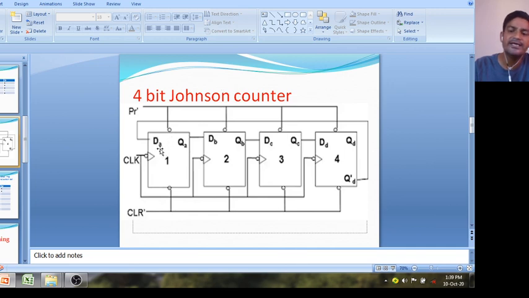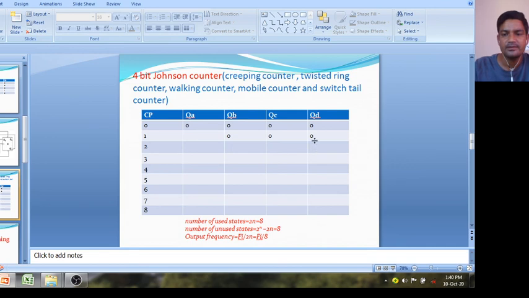Okay, means DA equal to QD dash and DA equal to what? QA. So the passed value will be the complement of this. So 0 complement. This 0 complement will be 1.